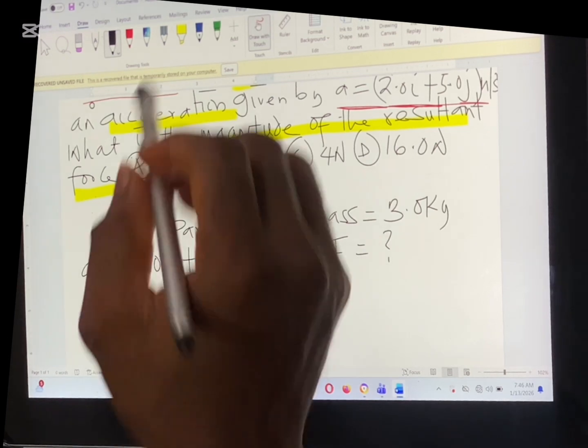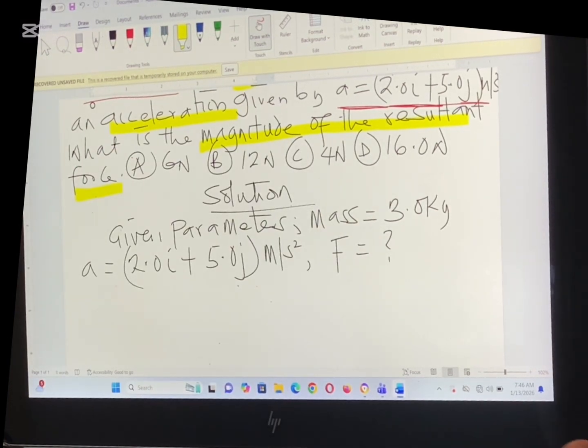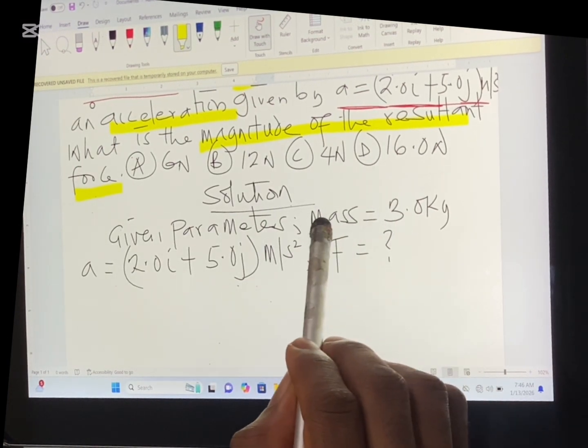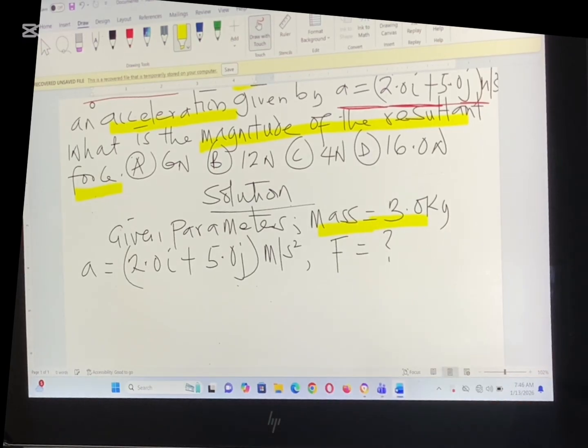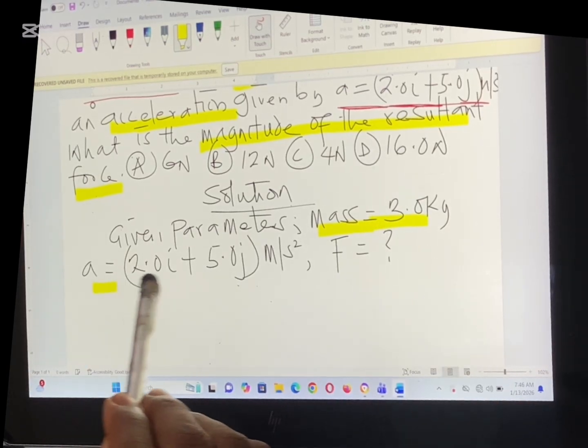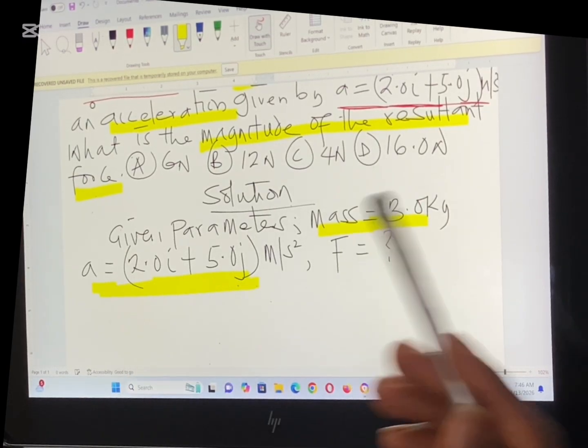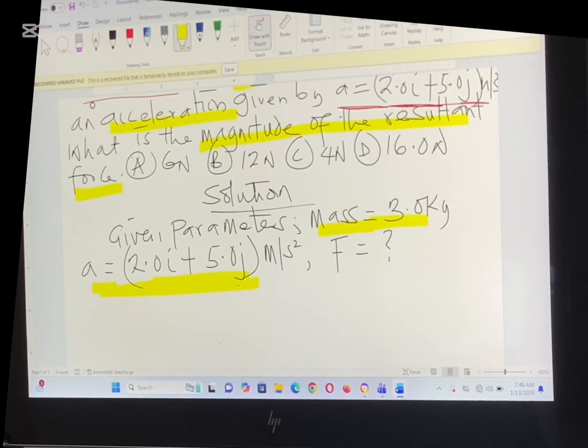Now, this is what you should understand here. Whenever mass is given to us, acceleration is given to us, and we are asked to find force, there is a formula that connects mass, acceleration, and force together. Please listen to me carefully.